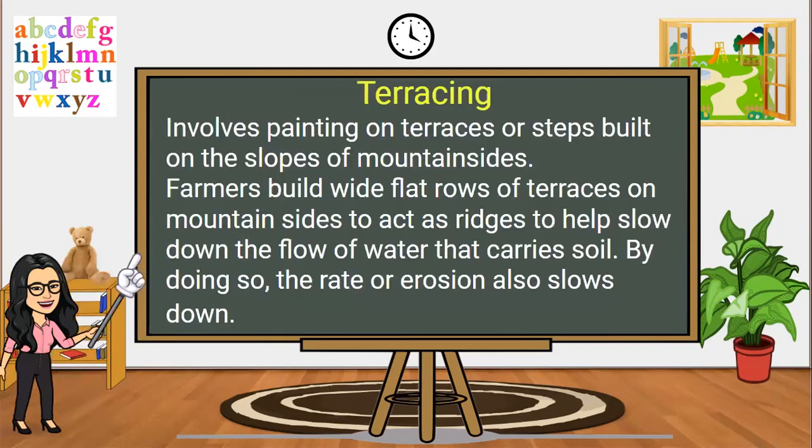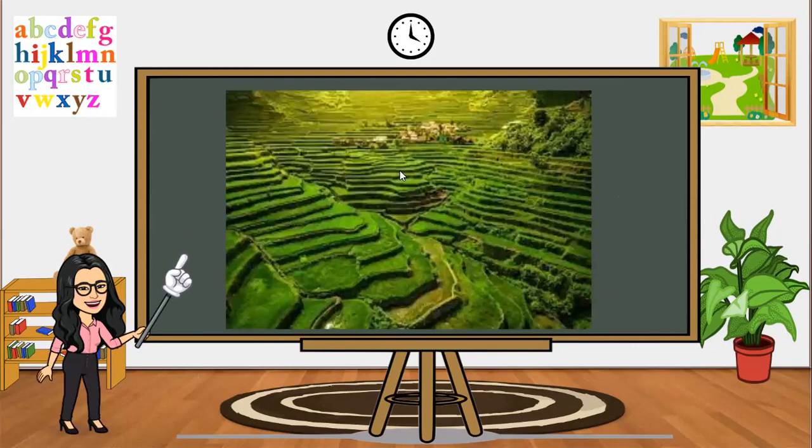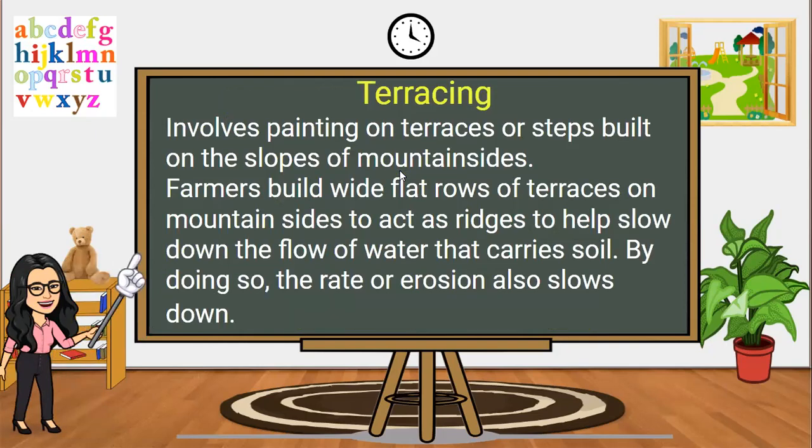Next is terracing. Have you been to, or at least seen photos of, the Banaue rice terraces in Mountain Province? If not, this is a picture of the Banaue rice terraces in Mountain Province. This is a very good example of terracing, which involves planting on terraces or steps built on the slopes of mountain sides.